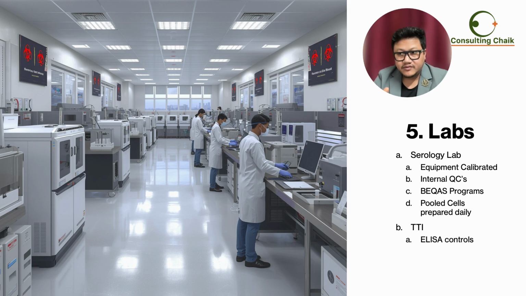Then whatever value you get, you analyze that. You take out your lab mean, follow that lab mean, use it in a Levey-Jennings chart, and use the Westgard rules to find out for every plate whether it is under control or not.